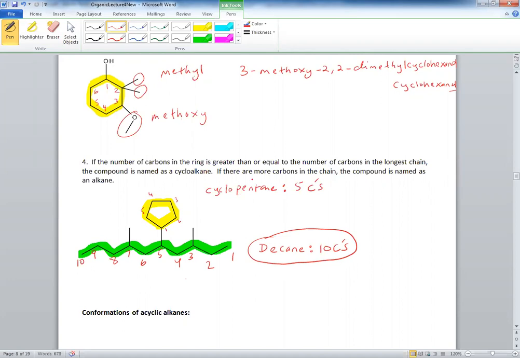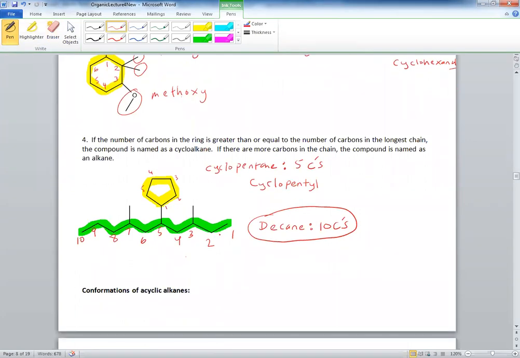And this would become a substituent. I told you that any alkyl substituent has the same name except you replace the ending with a yl. So that becomes a cyclopentyl. Now, if it was the other way around, then of course the chain would be your parent hydrocarbon.